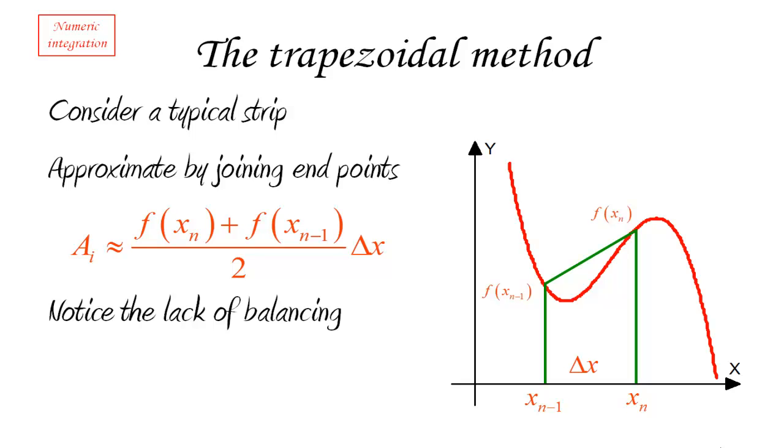But in this case, as you can see in front of you, the trapezoid may end up being totally above the function in the whole strip. So all we can do is hope that as we go from strip to strip, those things will be equalized. But that means we have to hope that our function has quite frequent changes of concavity, which is not always the case. So probably, although this method looks like an improvement, it may not be one. But anyway, let's see what this leads to.